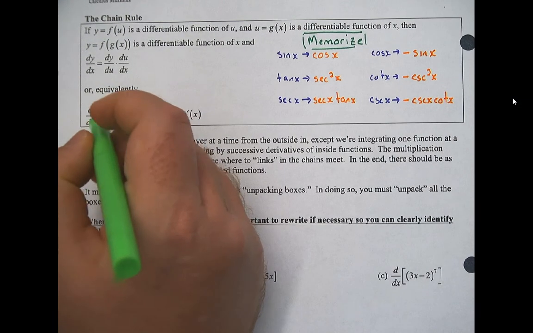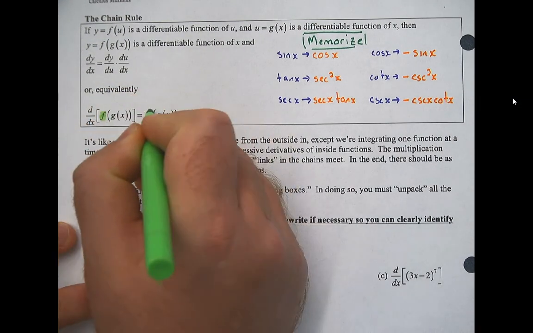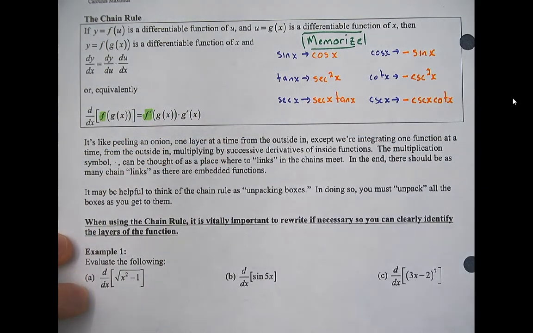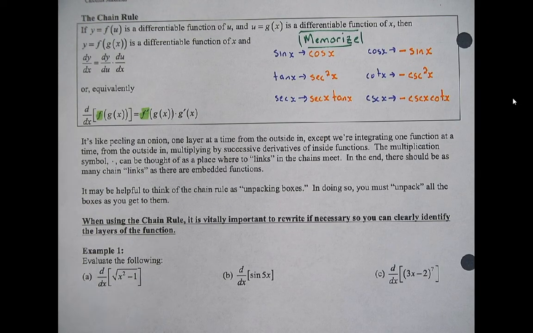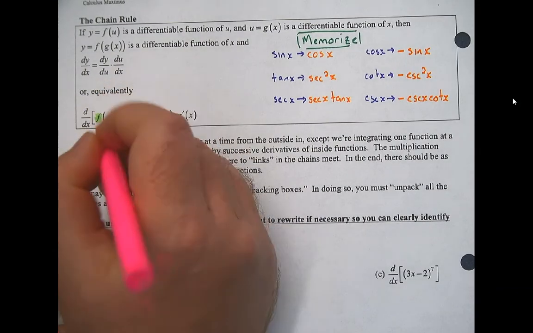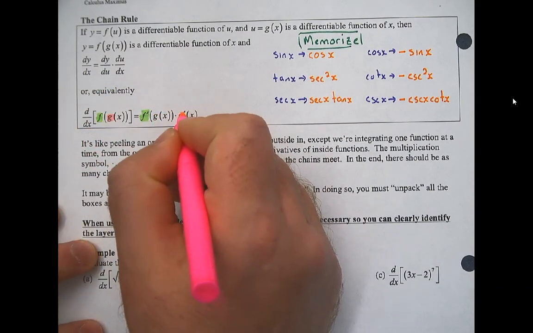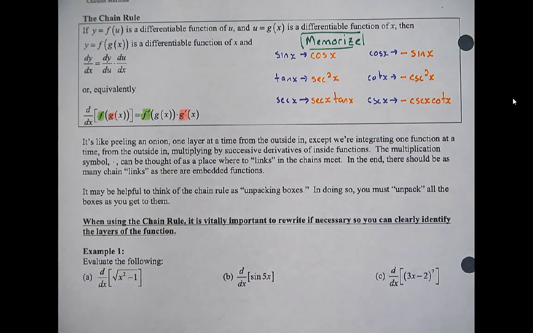So I've got my outside function. What I do is I take the derivative of that function and I leave the inside function the same. Then I take my inside function and I multiply by the derivative of that function. So what's a good way to write this up? Let me think here.